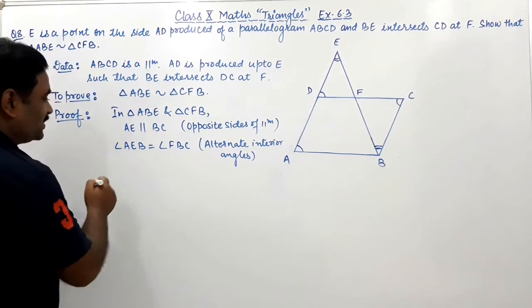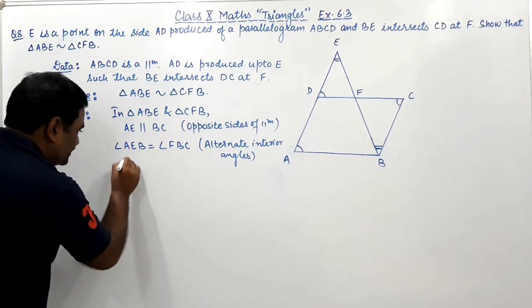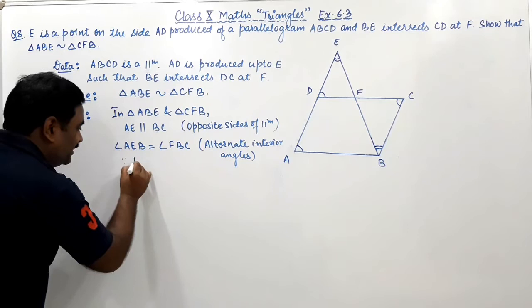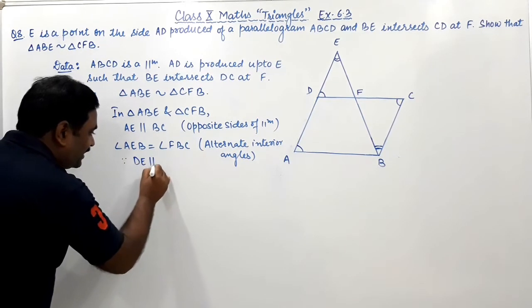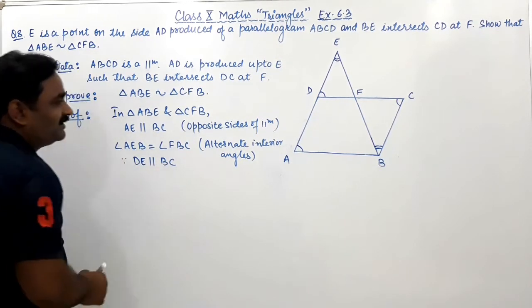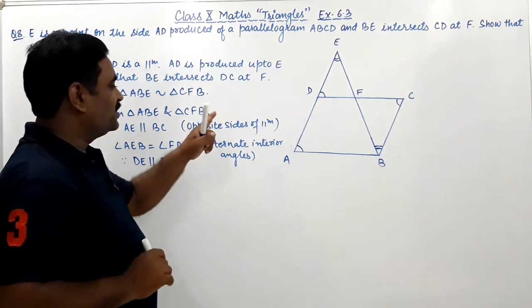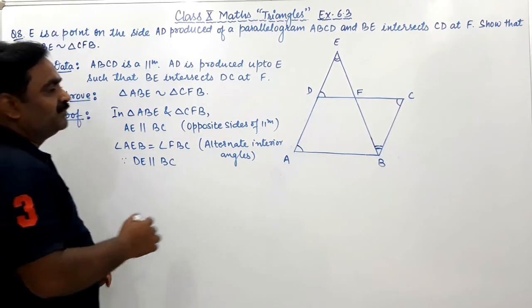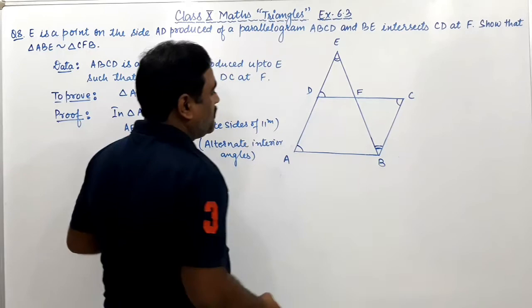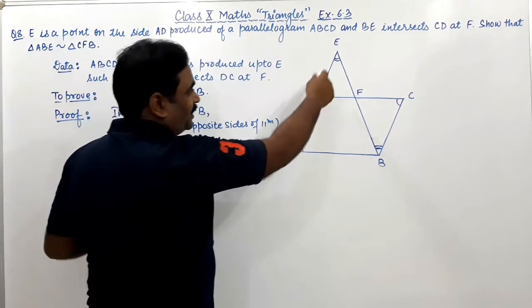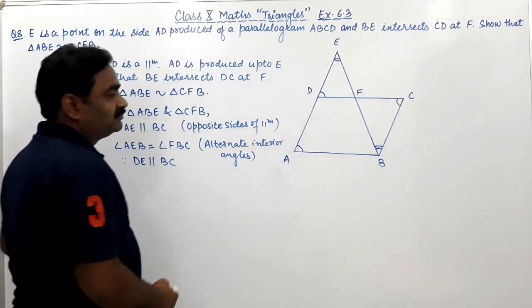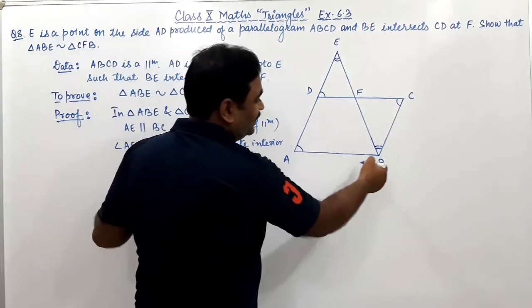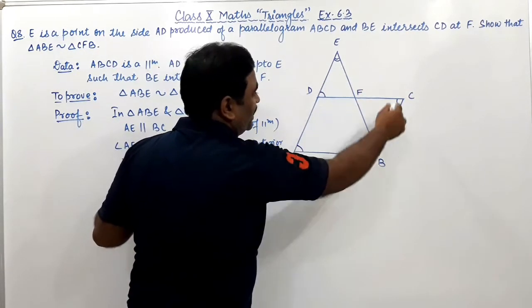So since DE is parallel to BC, once again, opposite sides of parallelogram, because DE is a part of AE. If AE is parallel to BC, then DE is also parallel to BC.